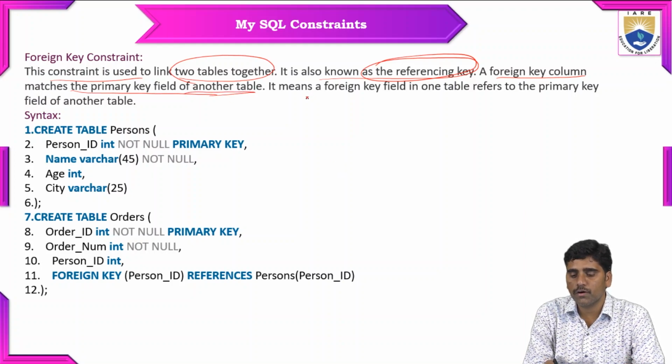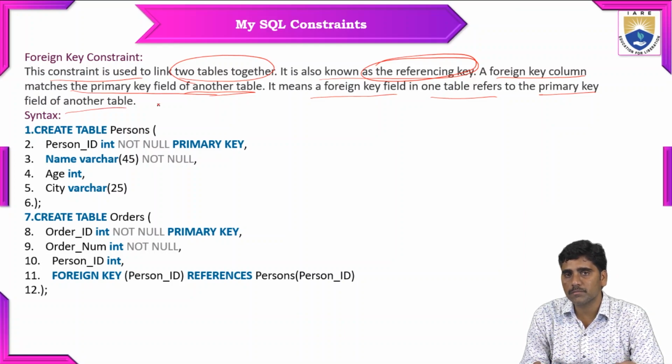It means a foreign key field in one table refers to the primary key field of another table. So the referencing of the columns must be related from one table to another table.